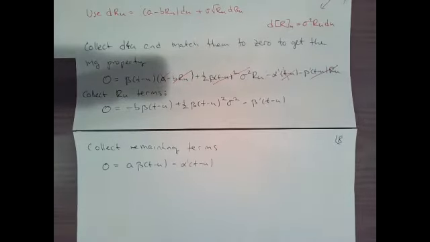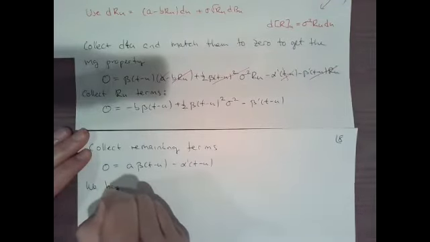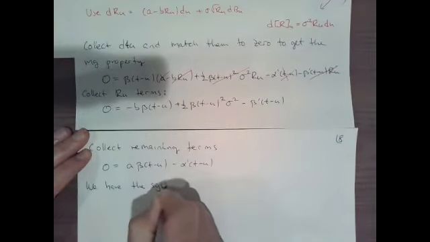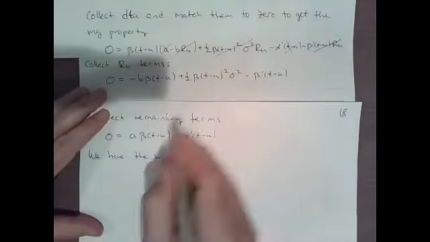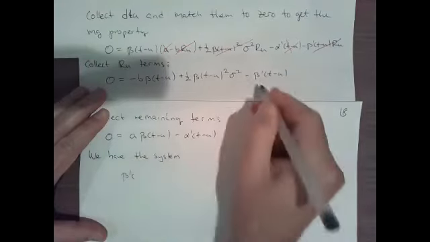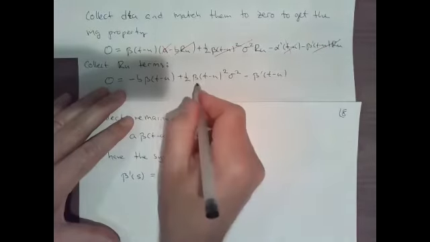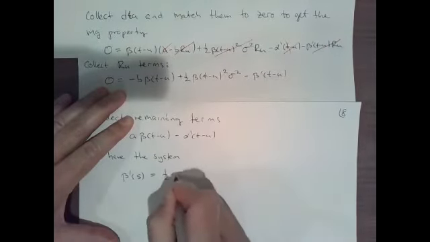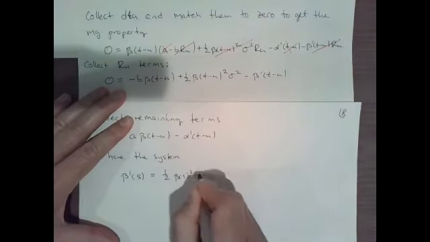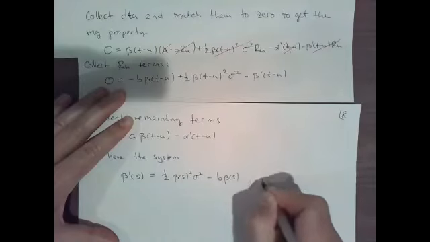So now we have a system of coupled ODEs. Can we solve them? We have the system that says beta prime of s is equal to 1/2 beta(s) squared sigma squared minus b beta(s).